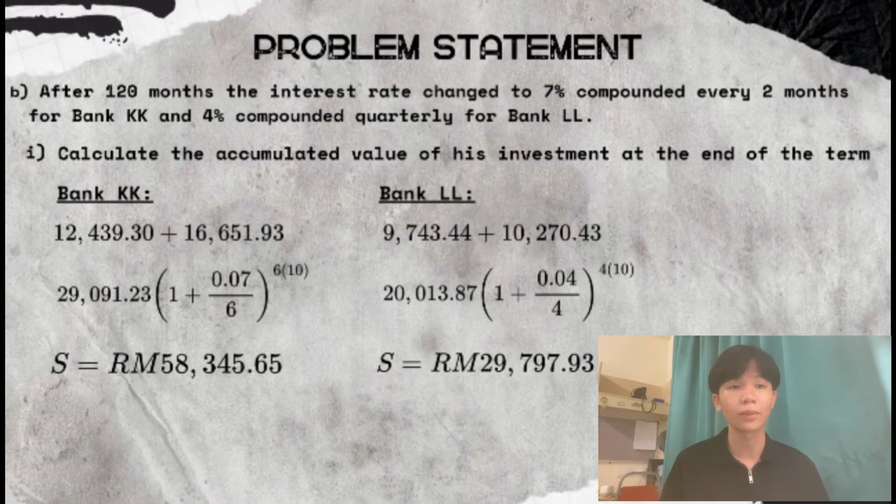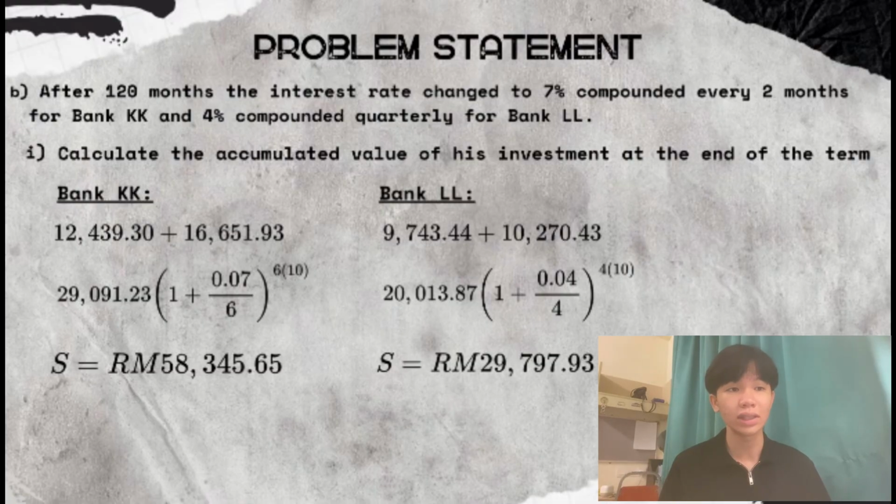So you can put it in the formula: 29,091.33 open bracket 1 plus 0.07 divide 6 close bracket power of 6 multiply 10. So S for Bank KK is 58,345.65.